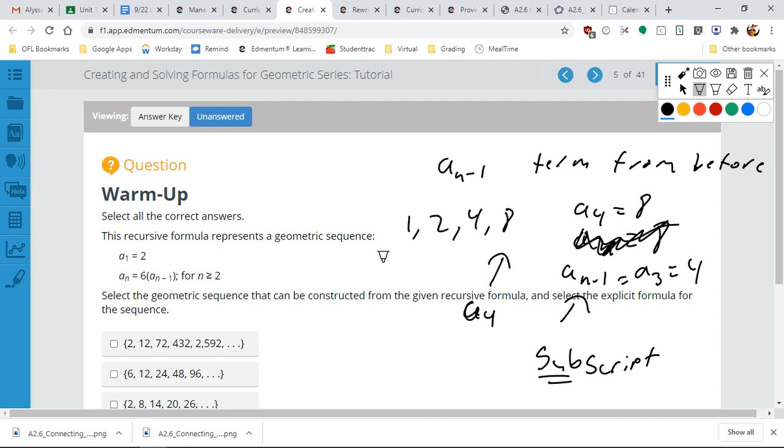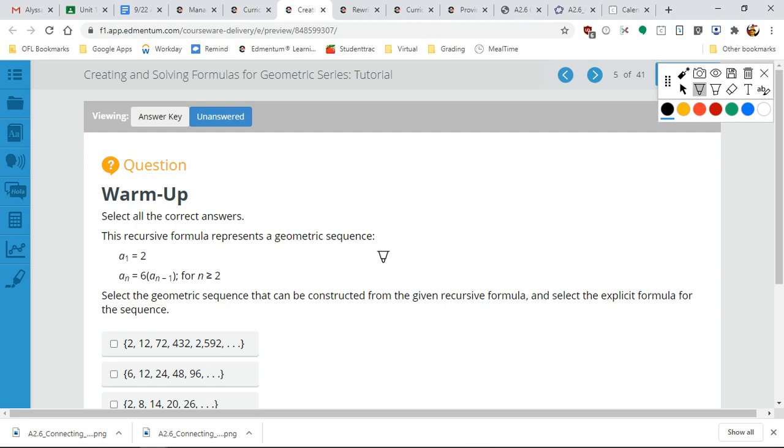So when I'm doing this, I'm going to say the term from before times 6. So that means we're always going to be multiplying by 6. So if I want to find A sub 2, my formula is 6 times whatever A sub 2 is minus 1.